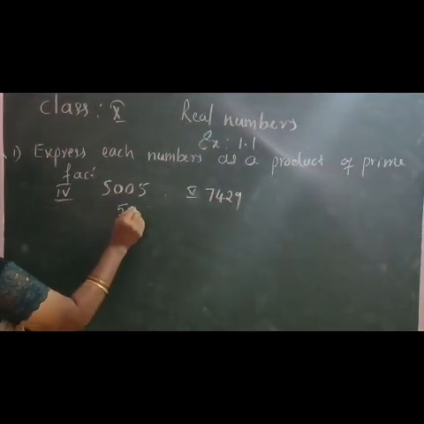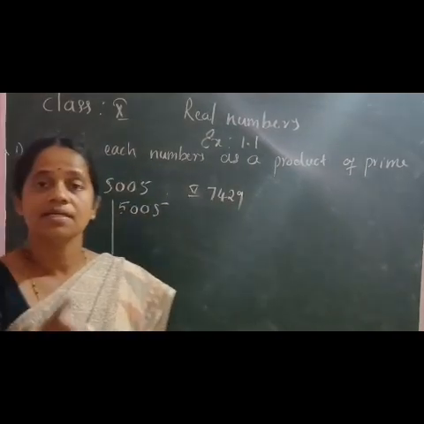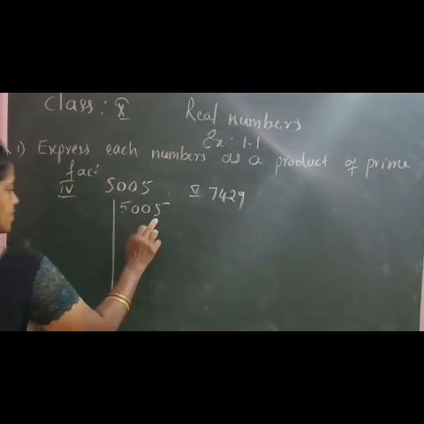Let us start with 5005. This number is divisible by 5 because it has 5 in the unit place.